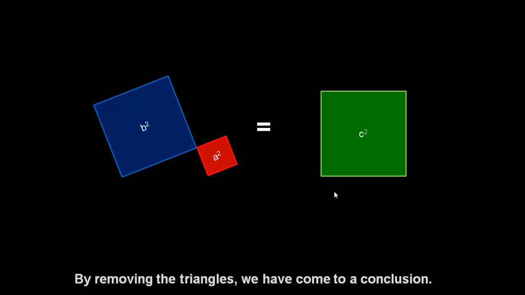So this proves the formula because we had three triangles on both sides. So when we remove the triangles, we are just removing the same thing on both sides, which basically means that since we have removed the three triangles on each side, we have now the squares left. And since we know that the polygons were exactly the same, so are the squares.